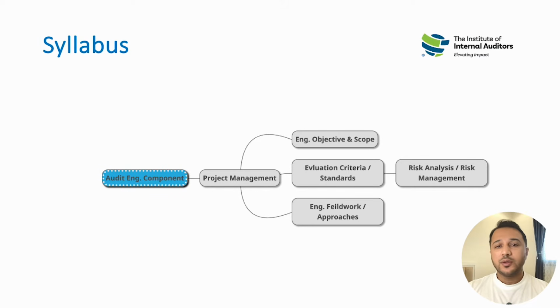Also, during audit engagement execution, we perform the risk assessment and assess those risks, to identify whether the controls are operating effectively throughout the period that we are auditing, or whether we have to recommend some improvement. So these are the overall key areas that we will be discussing in this unit.